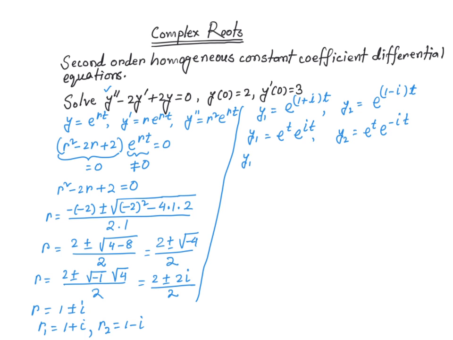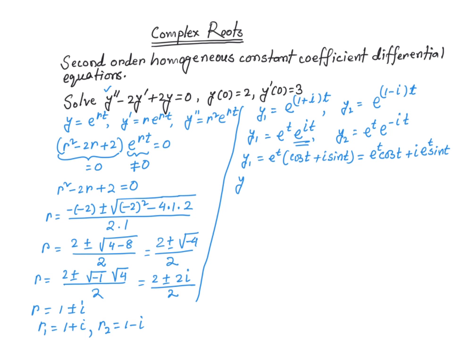I could simplify it a little further. So y1 is e to the power t times (cosine of t plus i sine of t), since e to the power it is equal to cosine of t plus i sine of t. That is further simplified to e to the power t cosine of t plus i times e to the power t sine of t.